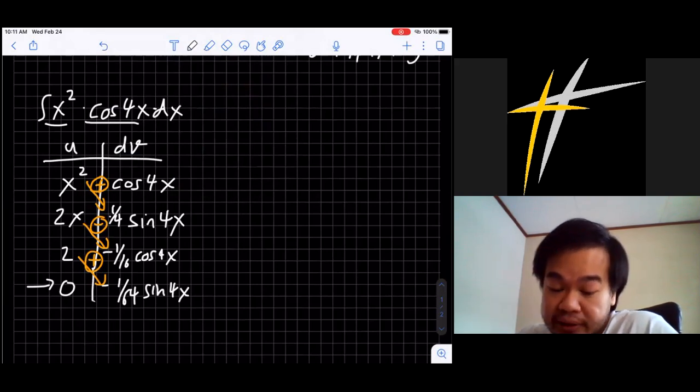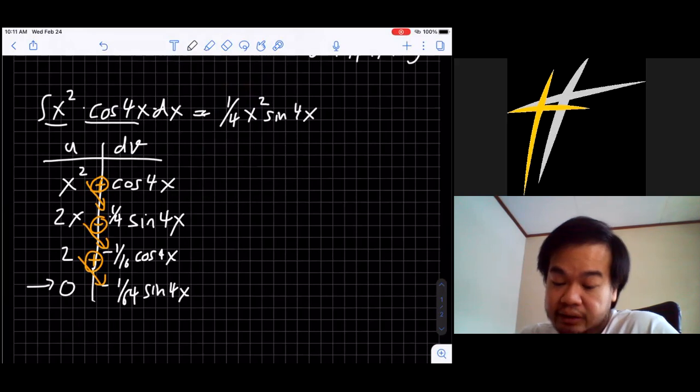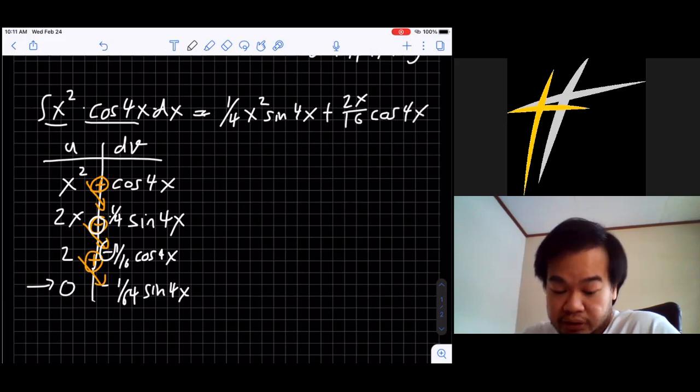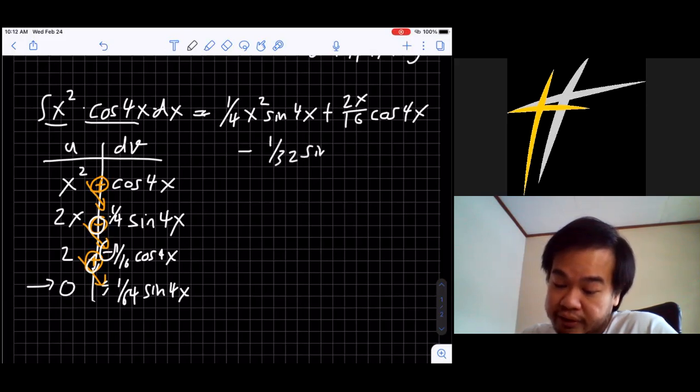Because the first is positive, we start with positive: 1 over 4 x squared sine 4x. Then it's negative, and negative times negative is positive: 2x over 16 cos 4x. And then positive and negative: negative 1 over 32 sine 4x.